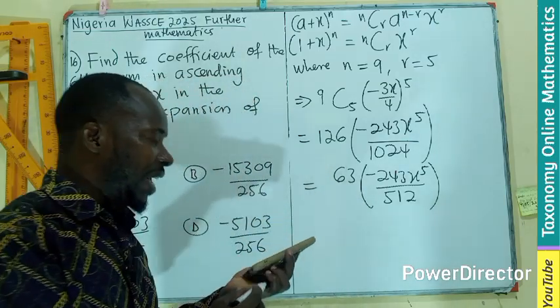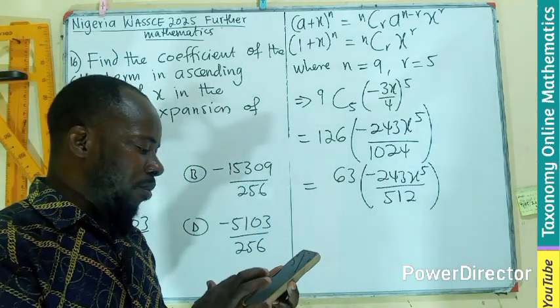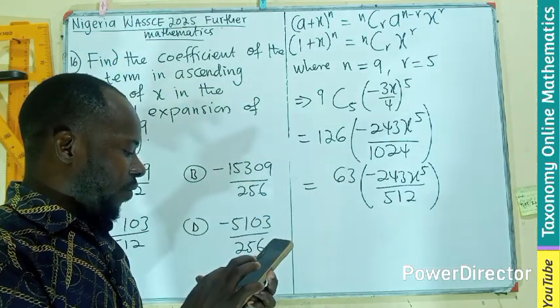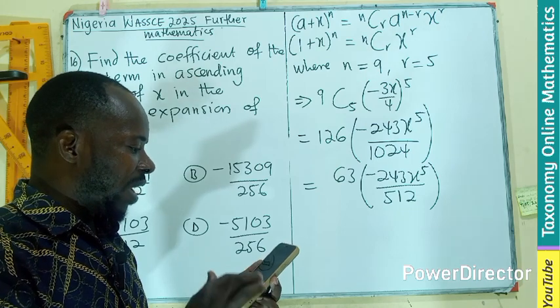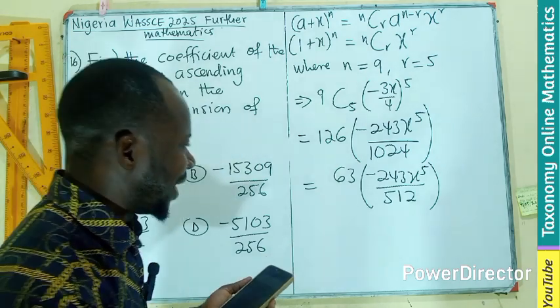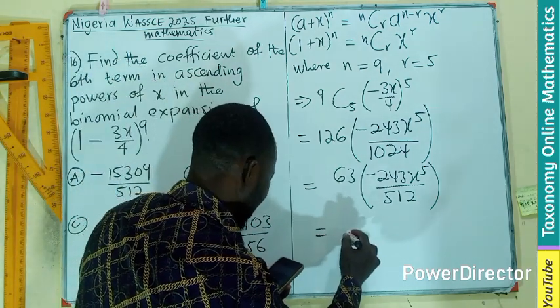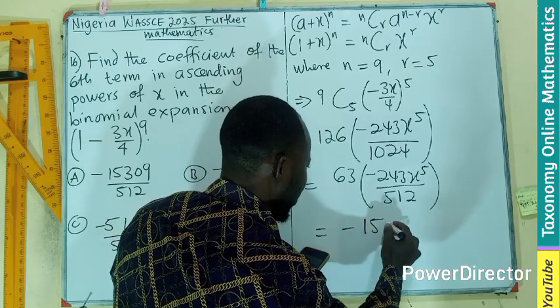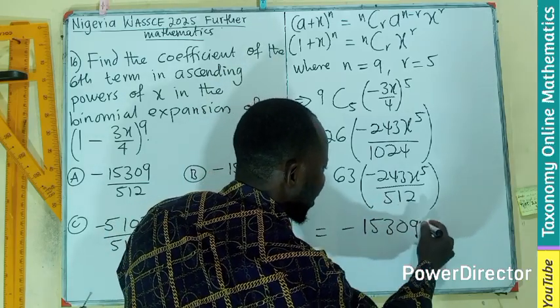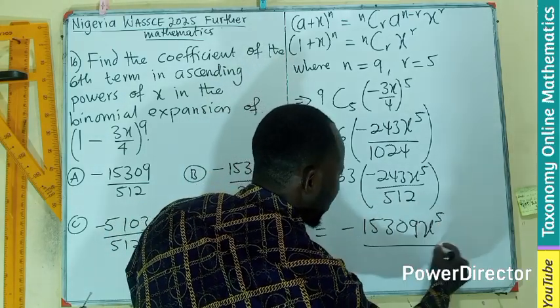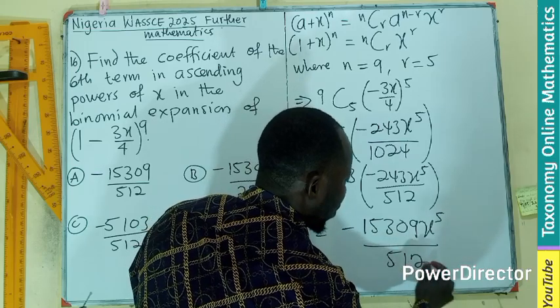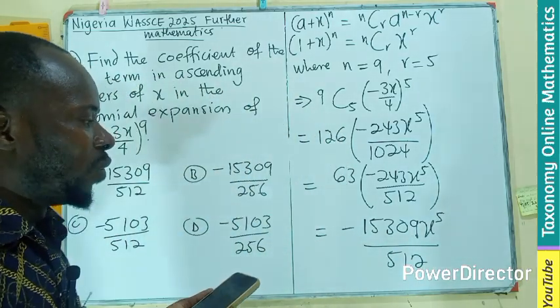So this 63 is in the numerator. So that will be multiplying the 243 value we have, but negative, and that will be negative 15309 x to the power 5 divided by 512 as the value we are looking for.